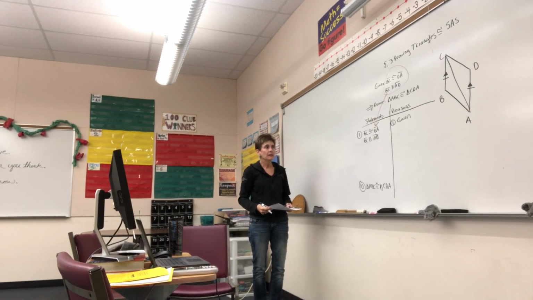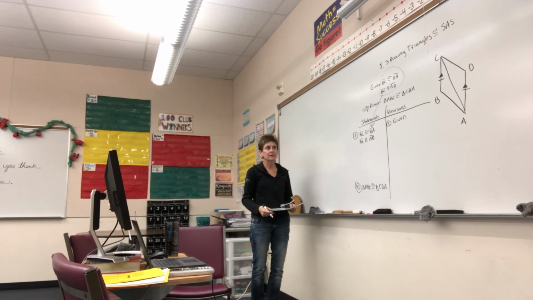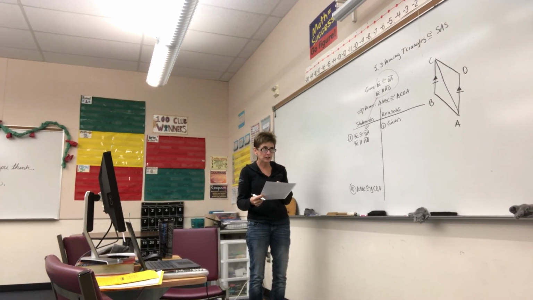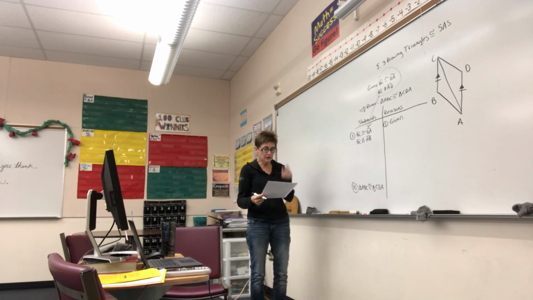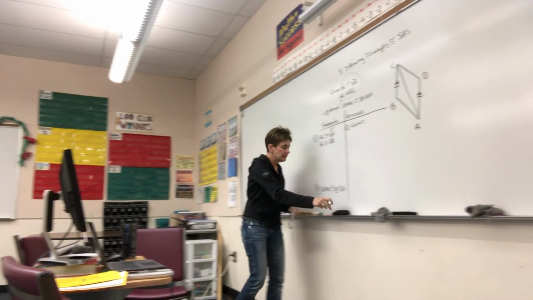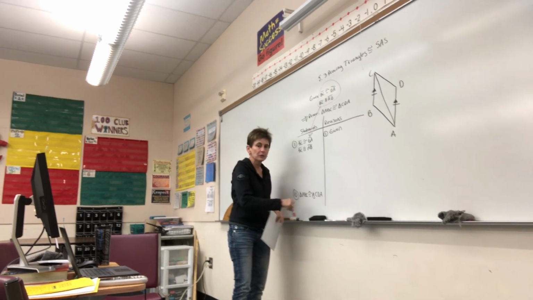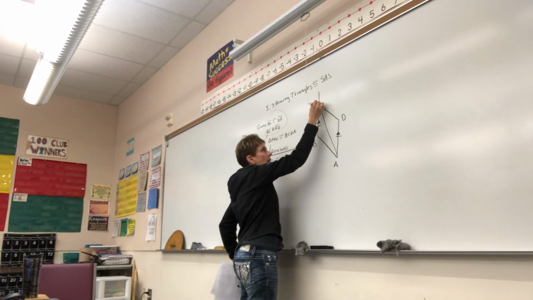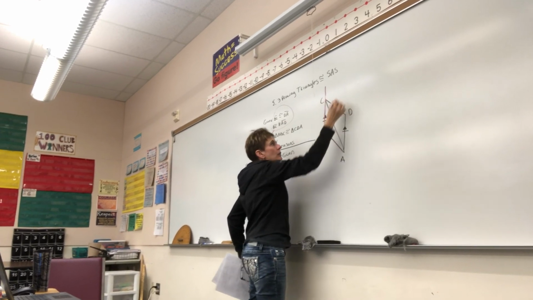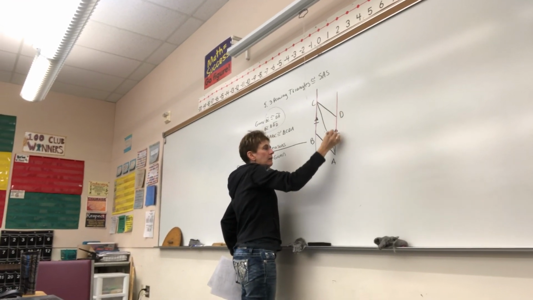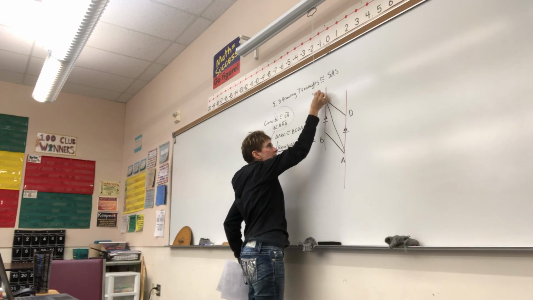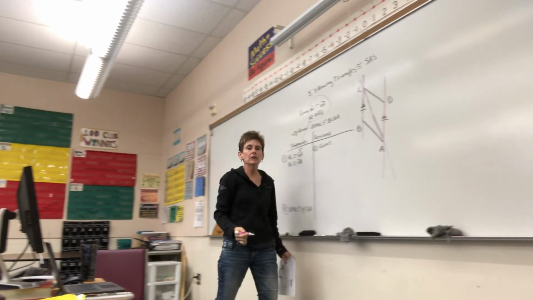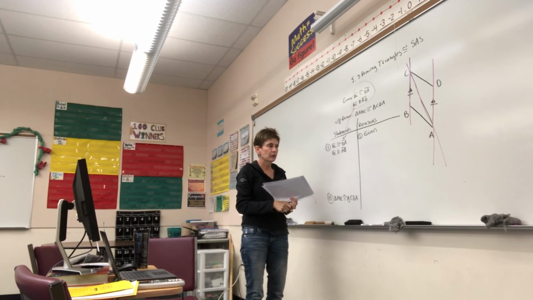Okay. Now, the very last step says to look at your picture and see if there's any information that you can tell from what you've been given. So the first thing I want to do is, and sometimes colors can help in geometry, draw the parallel lines in a different color. So we have two parallel lines here, crossed by a transversal. And now what we want to do is draw on something that we learned before.